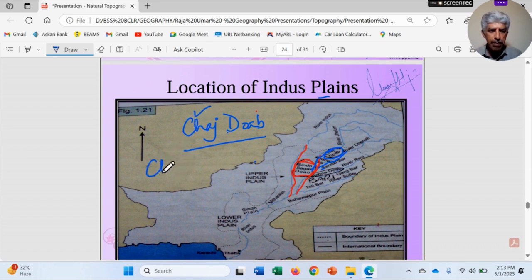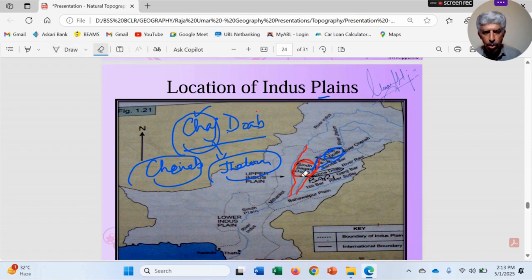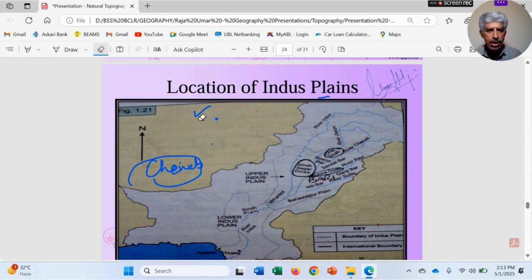Cha for Chenab and J for Jhelum. So between river Chenab and river Jhelum, there is Chaj Doab. You can see Chaj Doab mentioned over there. So it's easy to learn: Cha for Chenab and J for Jhelum, making Chaj Doab.